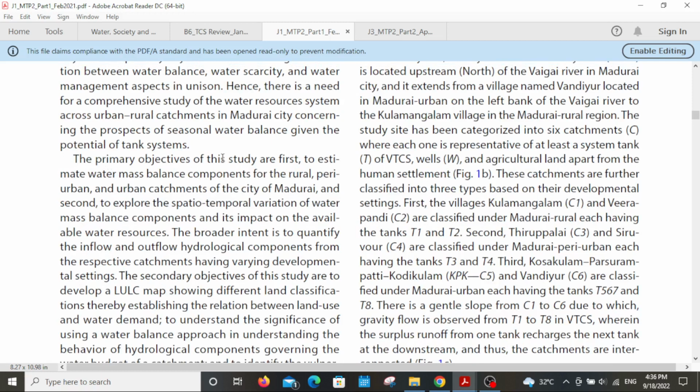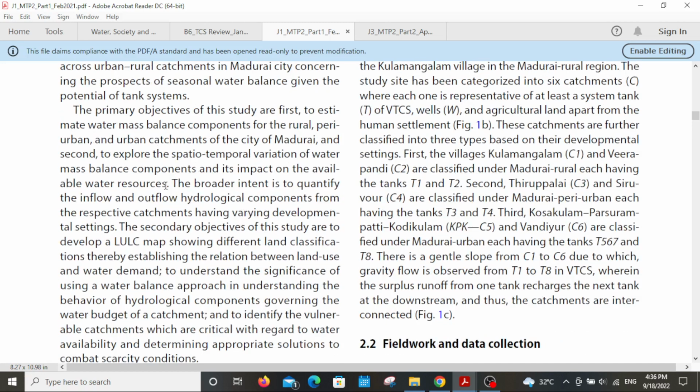The primary objectives of this study are, first, to estimate water mass balance components for rural, urban, and peri-urban catchments of the city of Madurai, and second, to explore the spatio-temporal variation of water mass balance components and its impact on the available water resources. The broader intent is to quantify the inflow and outflow hydrological components from their respective catchments, having varying developmental settings. So when I say developmental settings, it is rural, peri-urban, and urban.